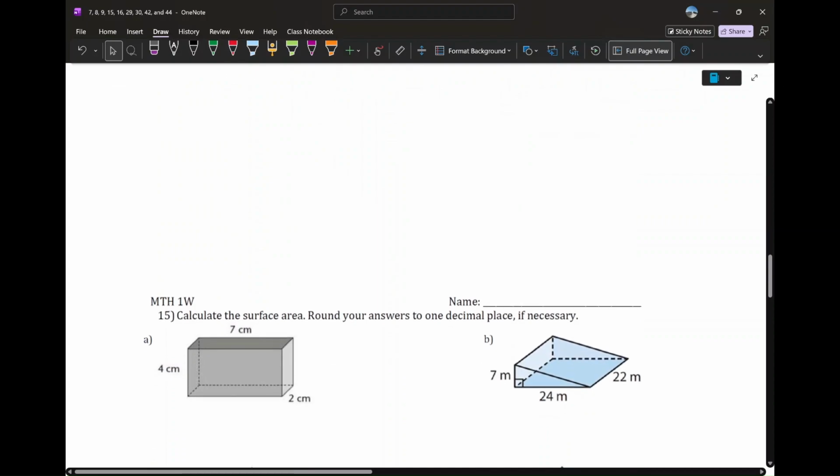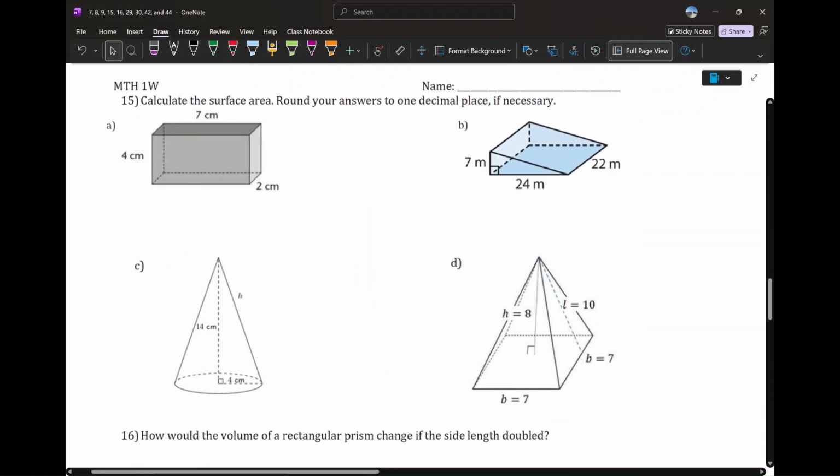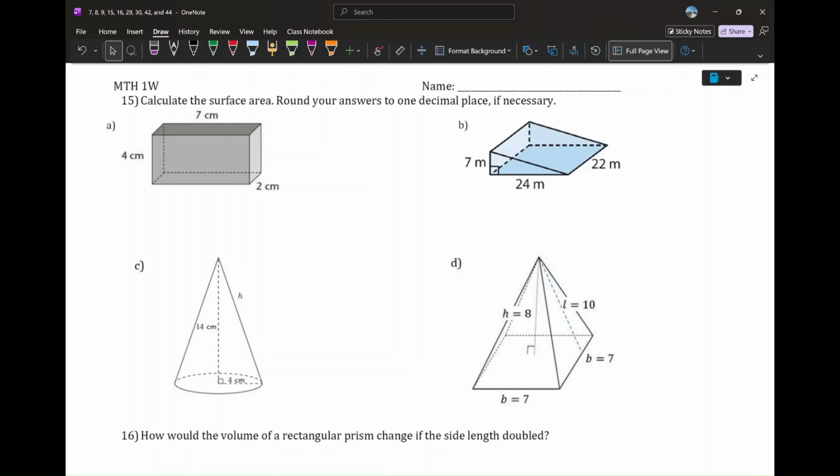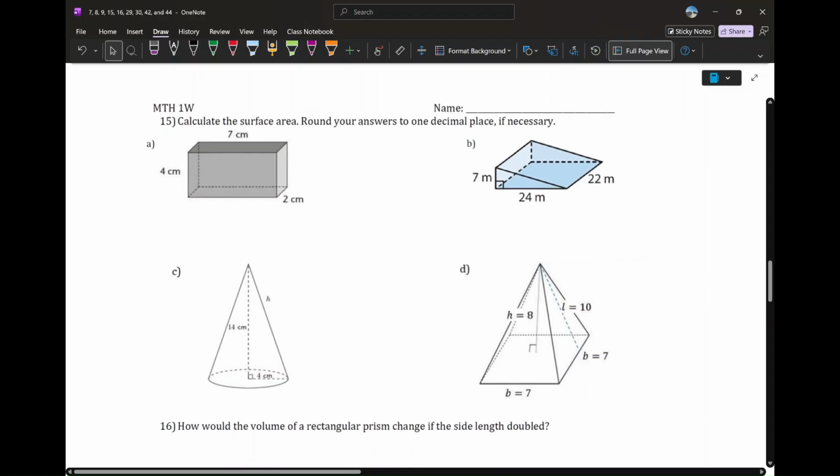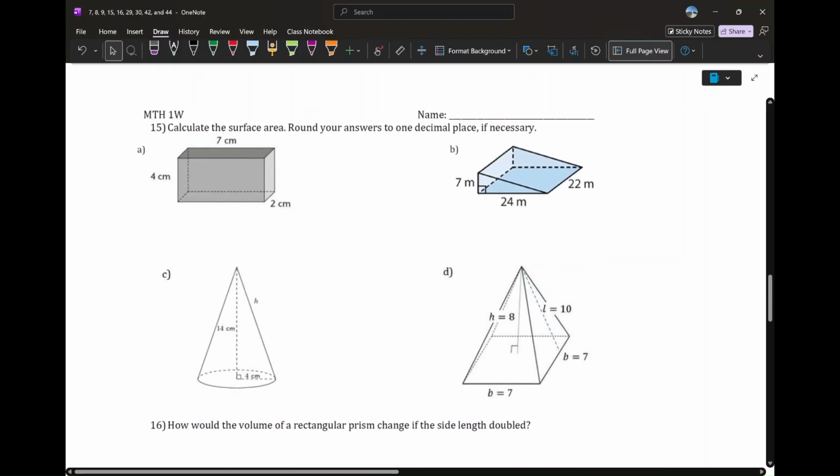Let's keep it going. This one here, surface area. So this question, you just have to find the area of each face of the triangle and add them up. Again, you'll be given the formulas for the area of each shape.